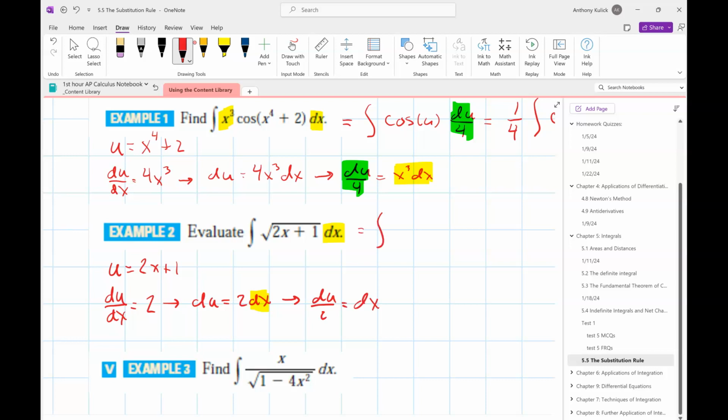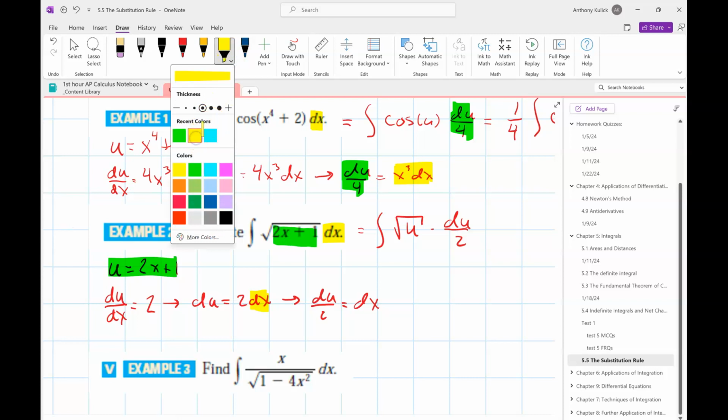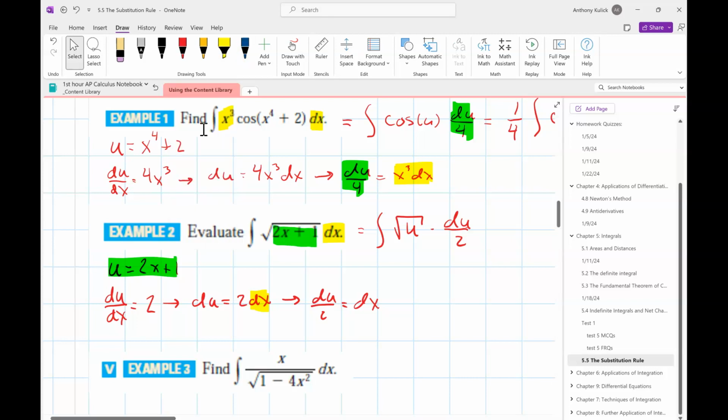So when I make my substitution now, I'm going to have the square root of u times du over 2. Because my u went in there, and my du over 2 went in there, right?